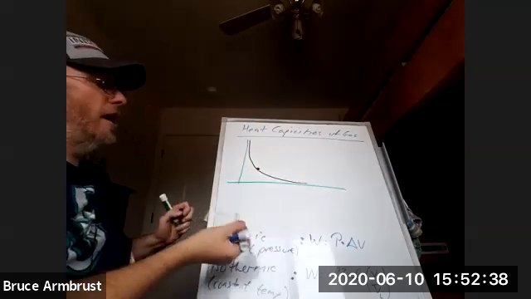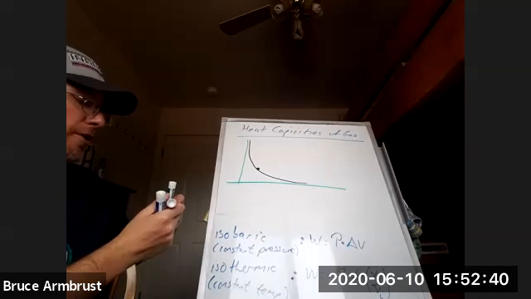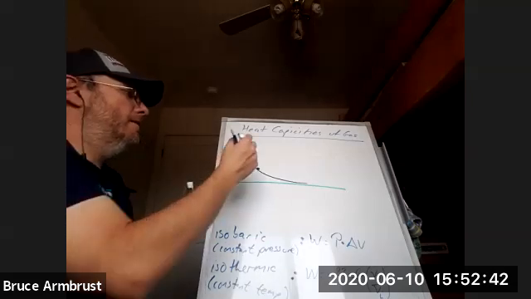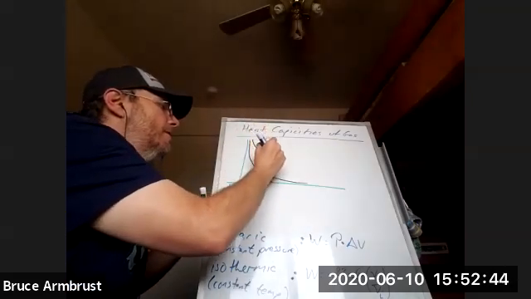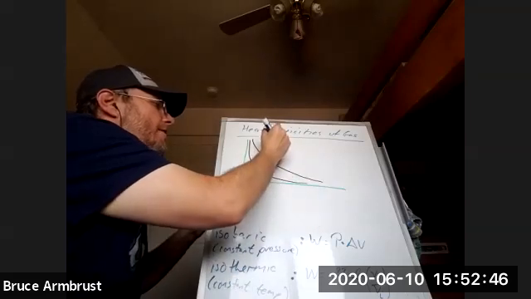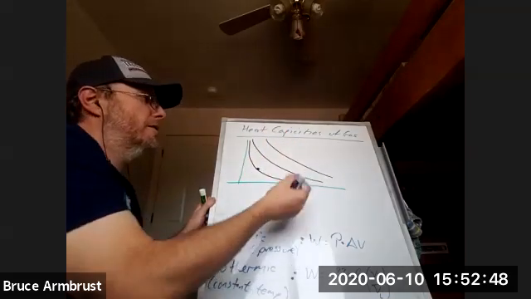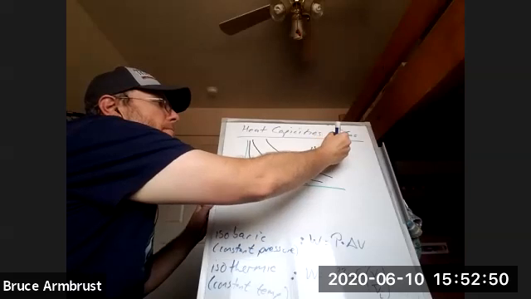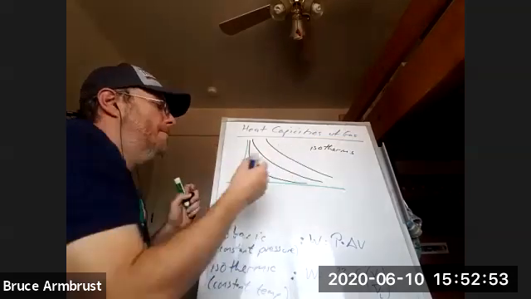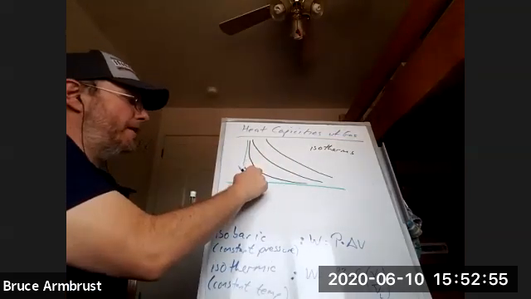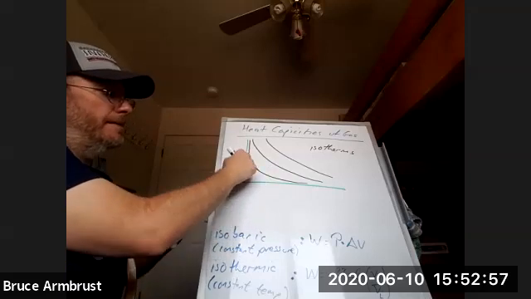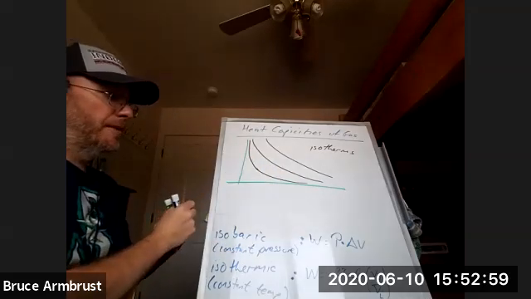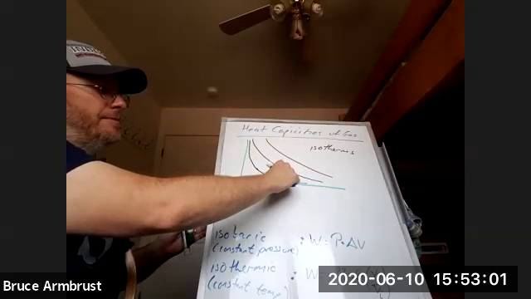So what I'm going to draw here is an isotherm. Isotherms are lines of constant temperature. So if I were to find any point on this lower one, they all have the same temperature. Any point on the second line has the same temperature.